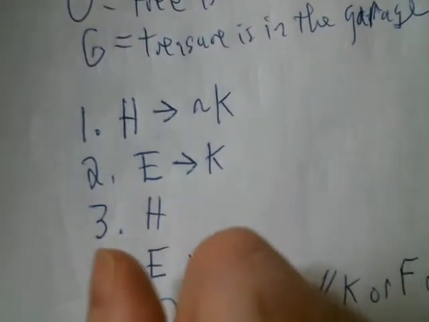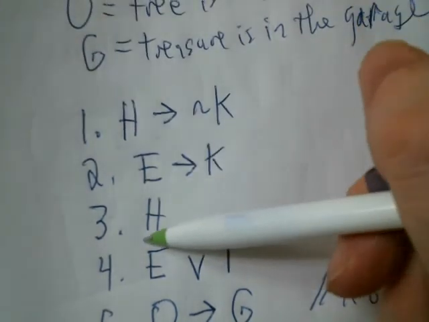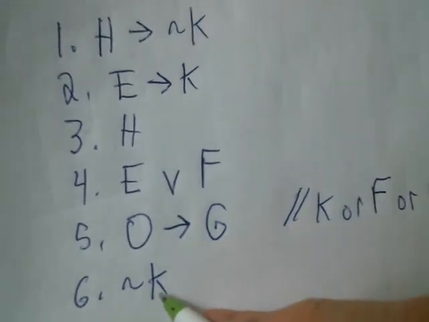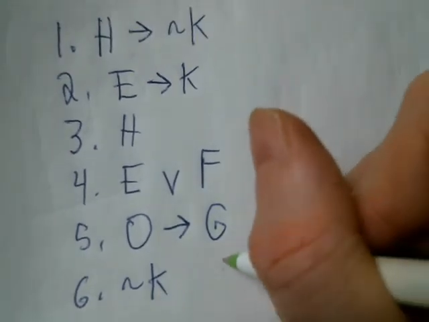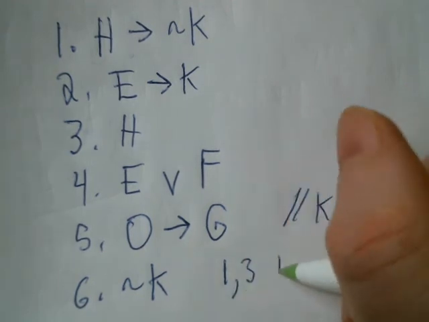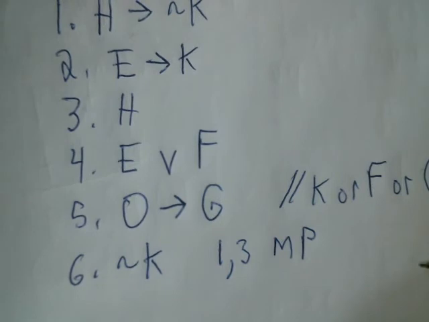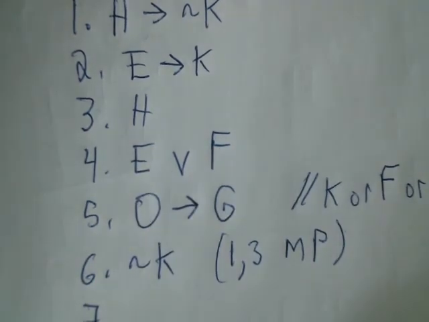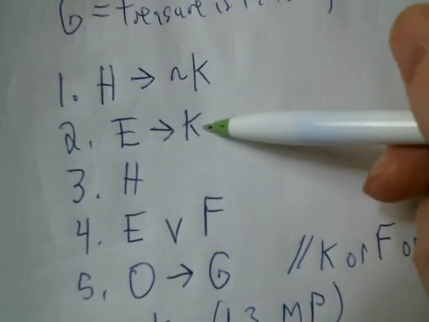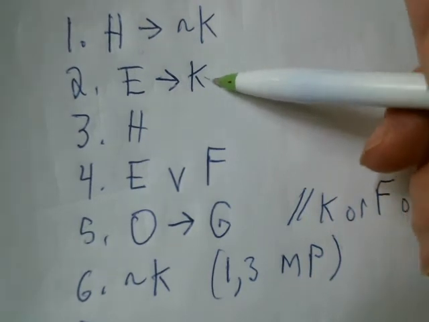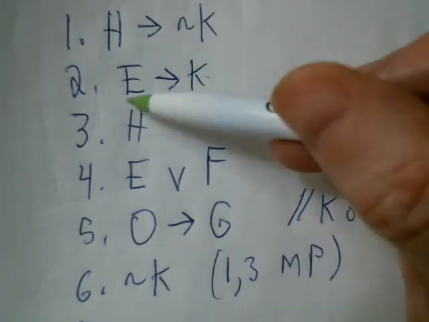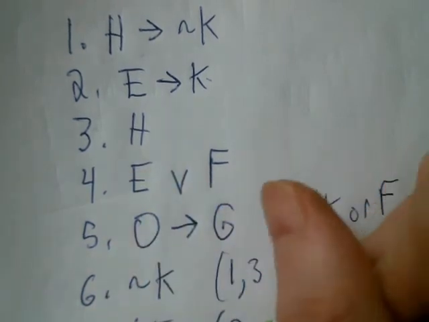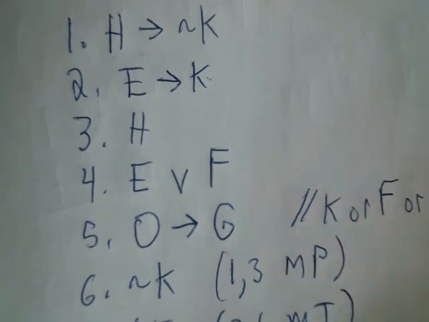So 6, not K, from statement 1 and statement 3, by modus ponens. You have to tell your reader how you got to that conclusion, and you put it in parentheses or something. 7, not K plus statement 2 is a modus tollens case. If K is not true, then E can't be true. So we used statements 2 and 6, by modus tollens.